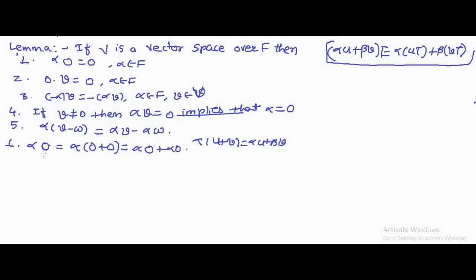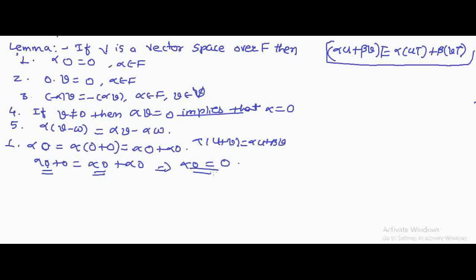Okay, again for this alpha 0 we write alpha 0 plus 0 equal to alpha 0, and therefore here alpha 0 plus alpha 0. Now by left cancellation law, alpha 0 gets cancelled and we get alpha 0 equal to 0.